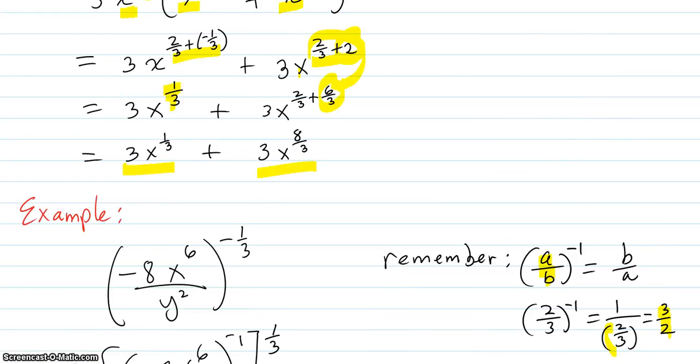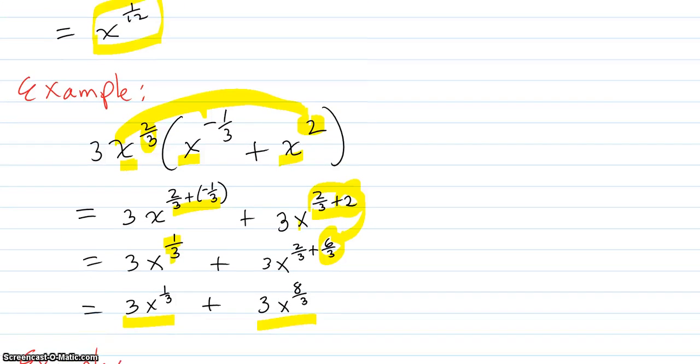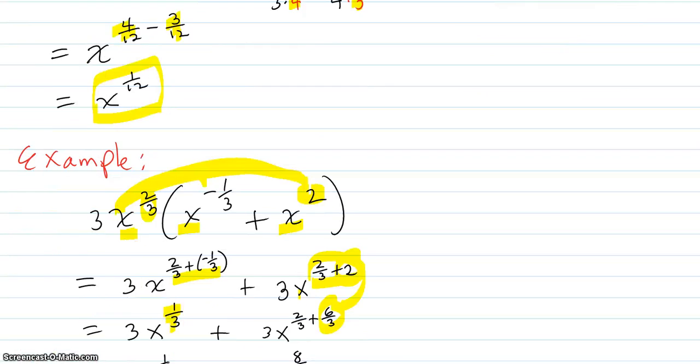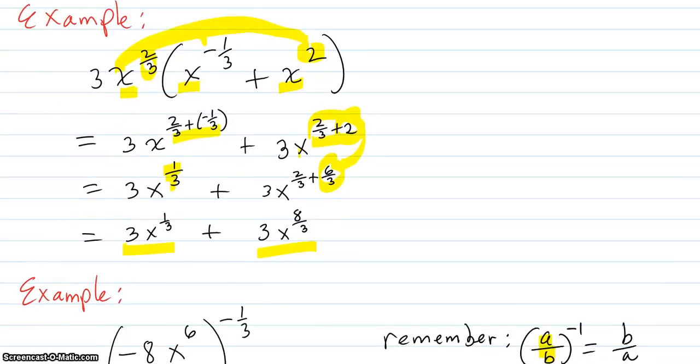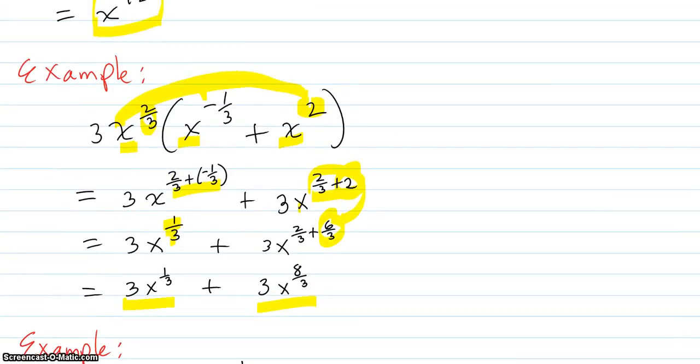And then we come over to here, where we have, you add these exponents. 2/3 plus negative 1/3 is 1/3. 2/3 plus 6/3, because 2 is 6/3, is 8/3. And you have this, so this is your answer.